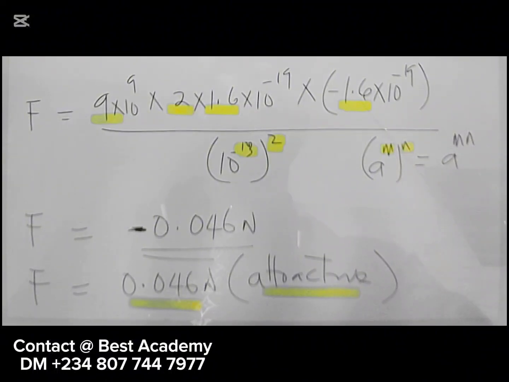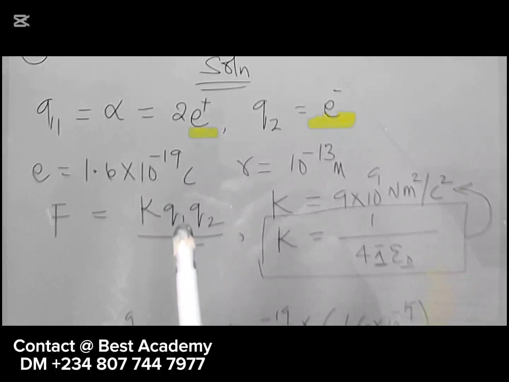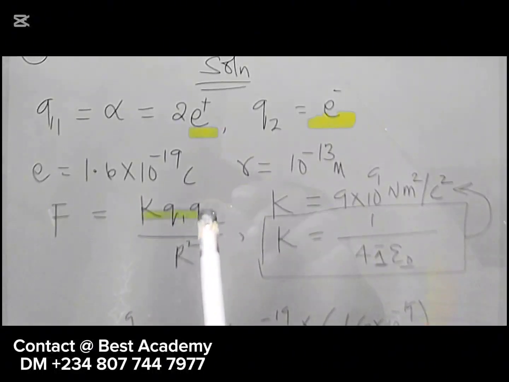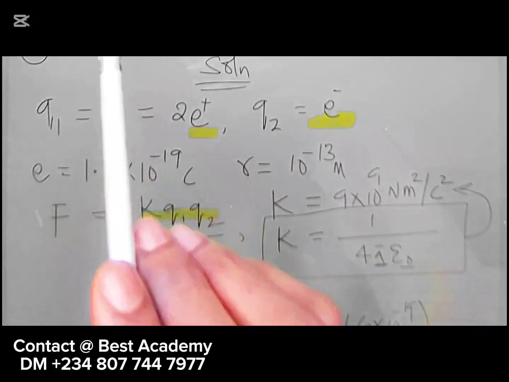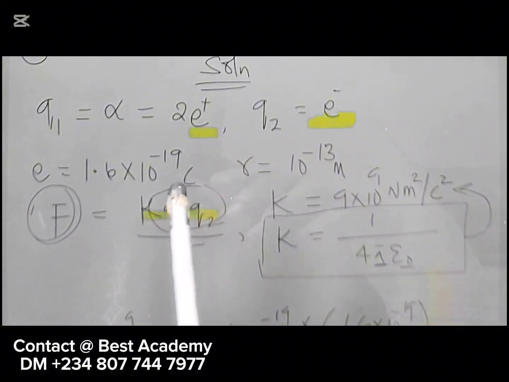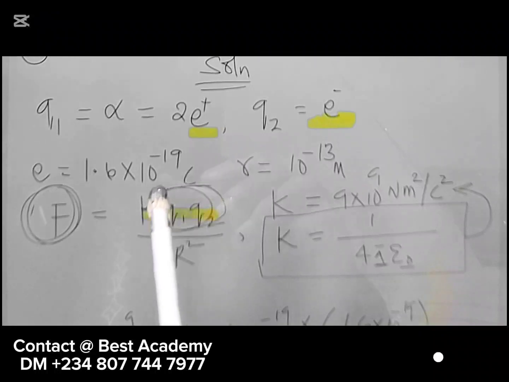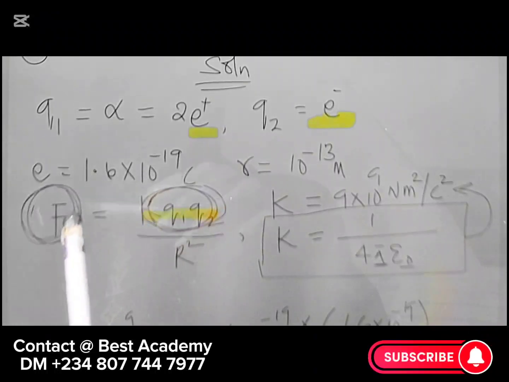If the charge is attractive, the force will be attractive, and if the charge is repulsive, the force will be repulsive, because from Coulomb's law the force is directly proportional to the charge. So anything that happens to the charge will also happen to the force.